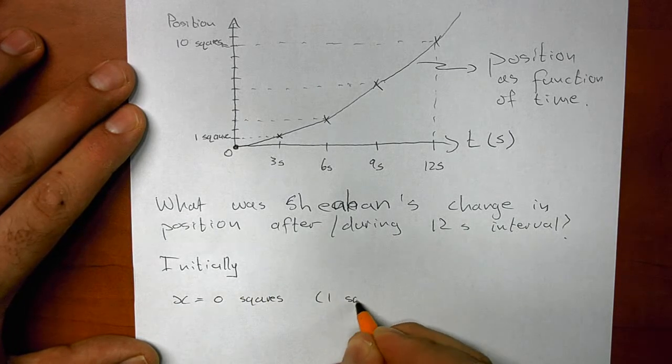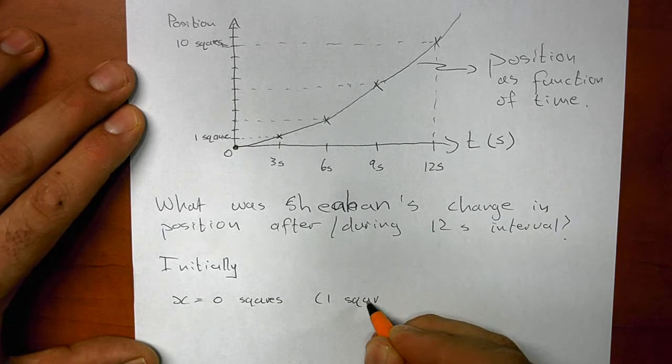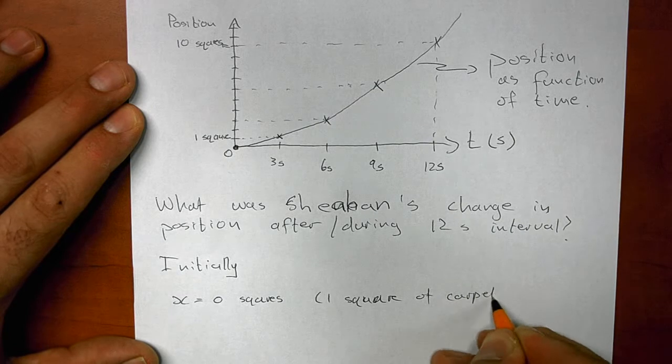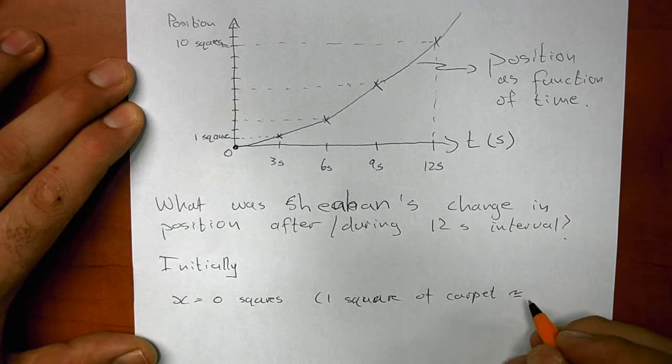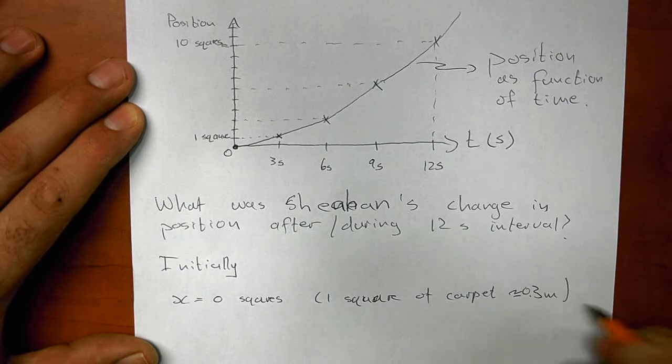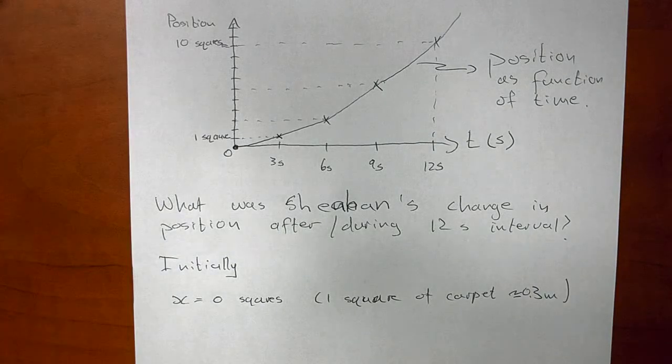So 1 square of carpet is approximately, I'd say, about 0.3 meters, just if you want to convert that to meters.